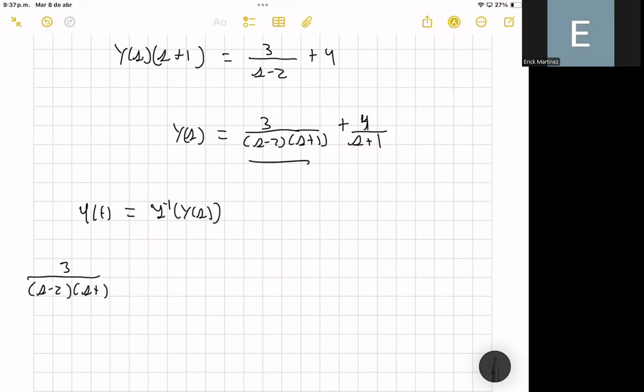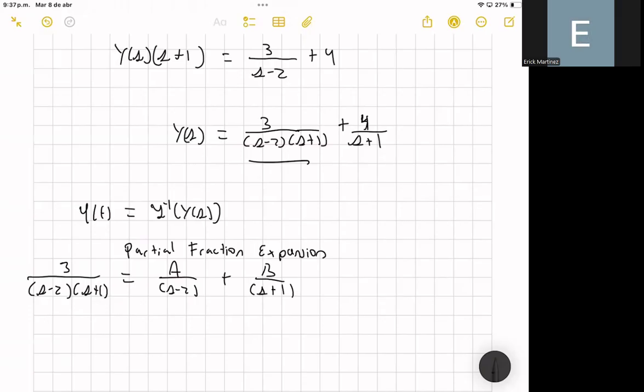You need to expand this using the partial fraction expansion, okay? But since this is not an algebra class, in which you need to expand this as a divided by s minus 2 plus b divided by s plus 1, no?